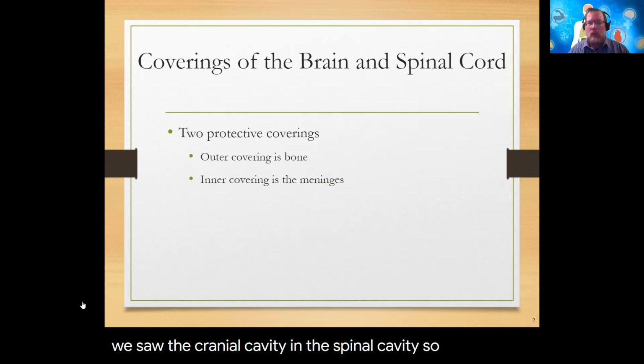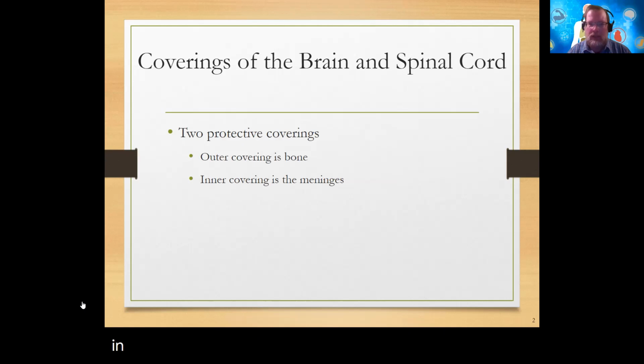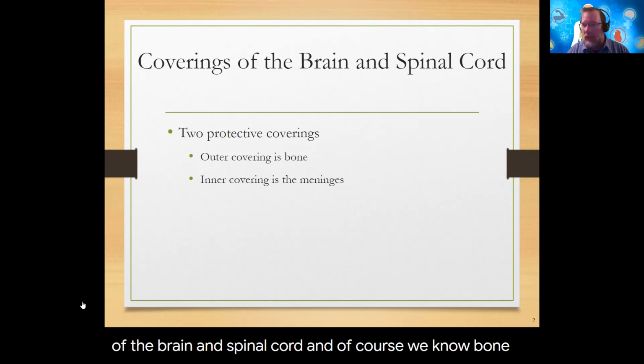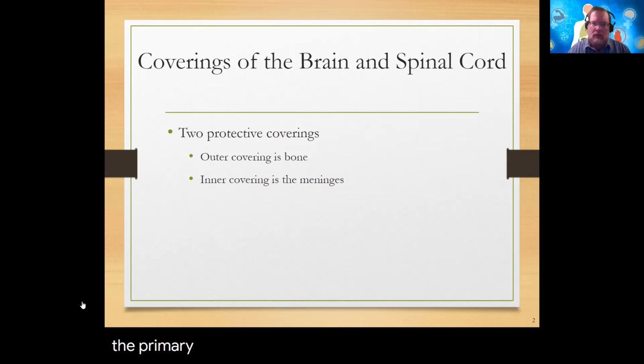We also mentioned that there are some layers that are involved in the structural integrity of the brain and spinal cord, regarding protection especially. So we do have a couple of protective coverings of the brain and spinal cord, and of course we know bone is the primary covering.